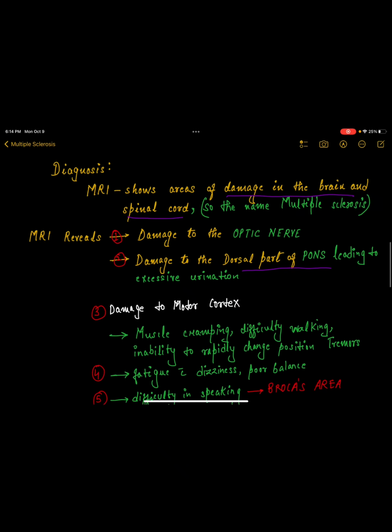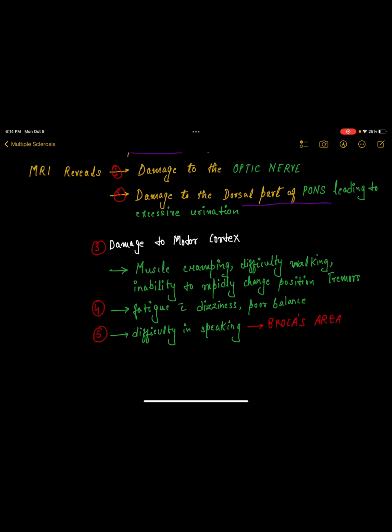Then there was damage to her motor cortex, due to which she was having muscle cramping, difficulty in walking, inability to rapidly change her position, and tremors.